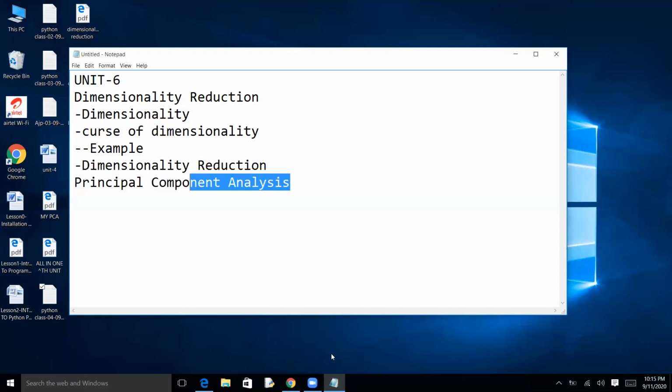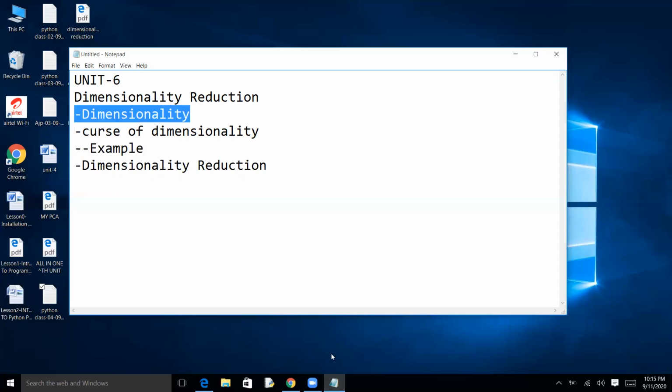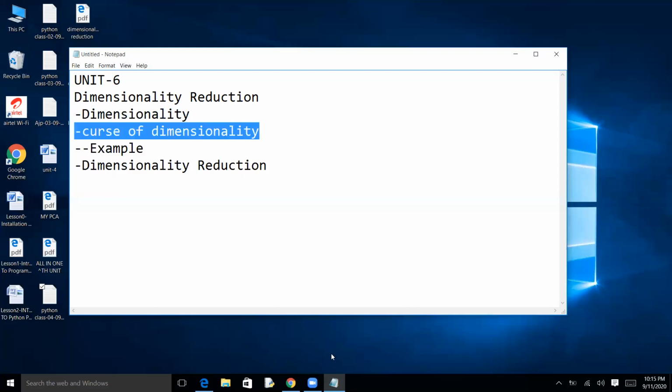If I complete this, half of the 6th unit is over. First we discuss what is dimensionality, then the curse of dimensionality with an example, and next we are going to see dimensionality reduction.